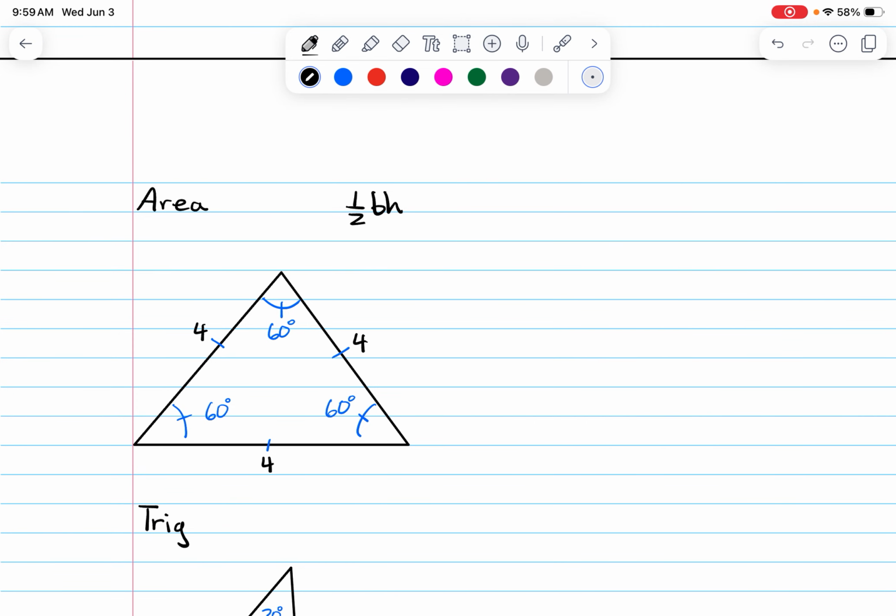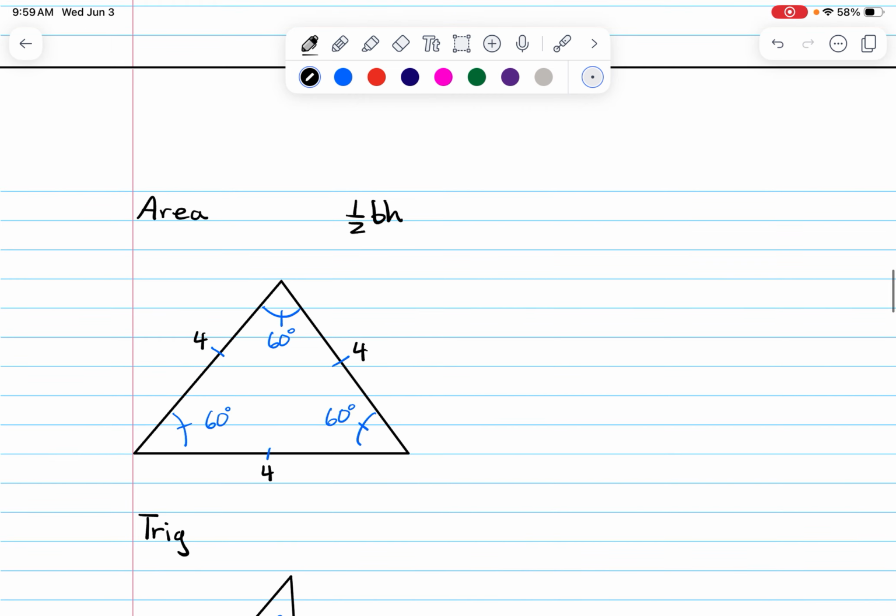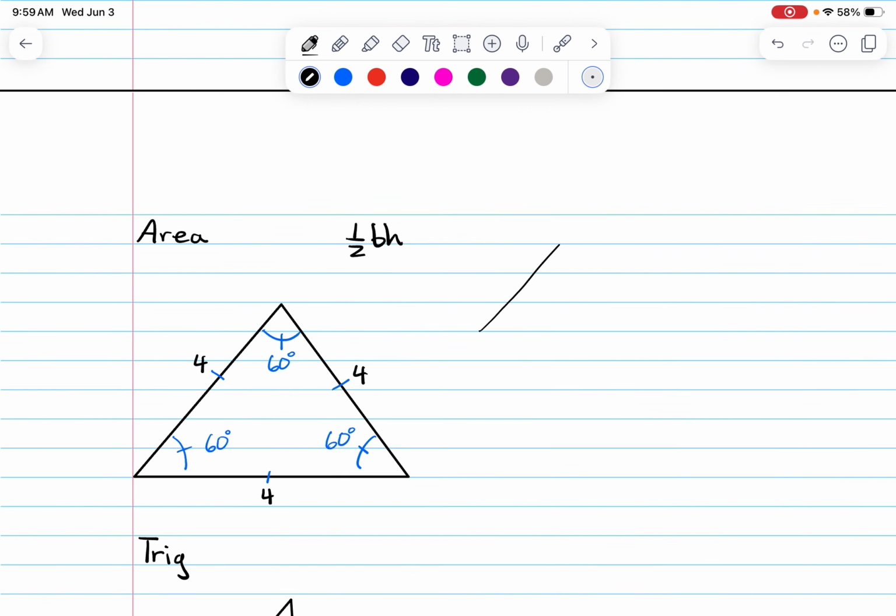So I'm going to come up here and make a little triangle, and this is the right angle, and let's suppose I've got the side here, and this is 1/2 the side, right?